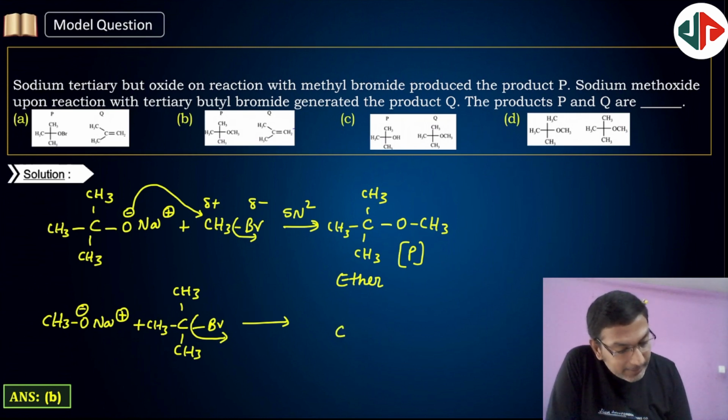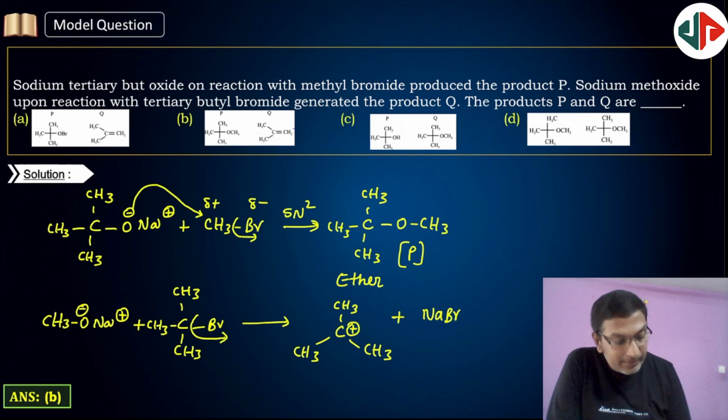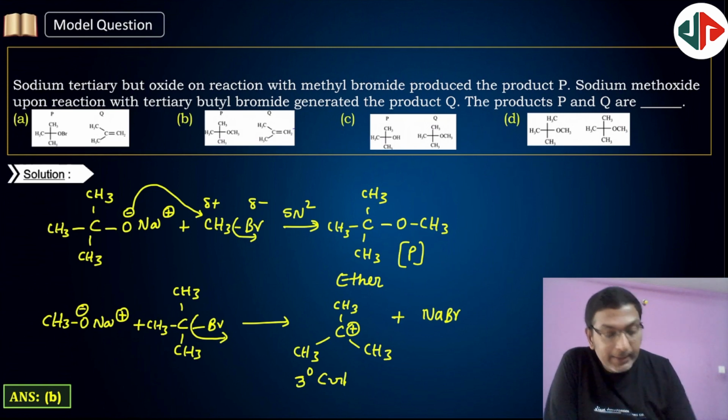So first it gives tertiary carbocation plus NaBr. Next, this compound reacts with the tertiary carbocation.